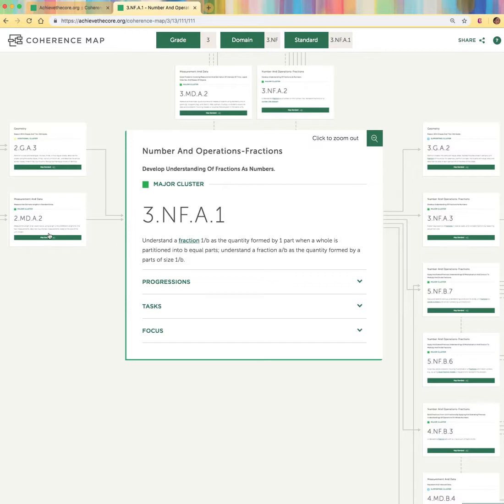So in this case, there are 2 standards that are foundational. Both of them are second grade standards. I see here 2.G.A.3 and 2.MD.A.2. Now those are foundational standards, a geometry standard in second grade and a measurement and data standard in second grade, to my third grade fraction standard.